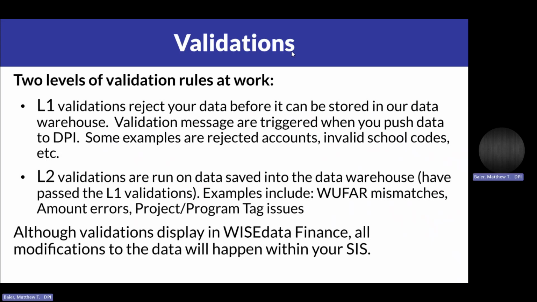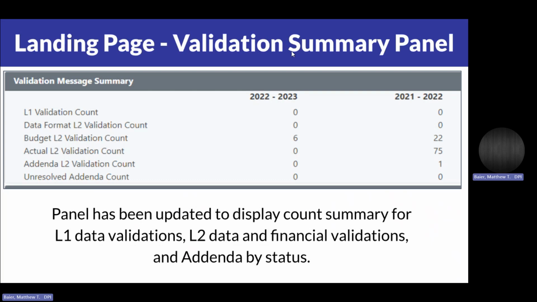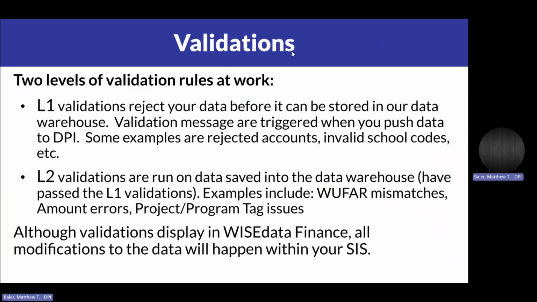L2 validations are validations within the system once the data has been pushed. And those fall into a couple of categories. Really, one is data and one is fiscal. So there are data formatting L2 validations that could be triggered for a number of reasons. Usually there's something wrong with how the local account is rolling up to the DPI chart of account.